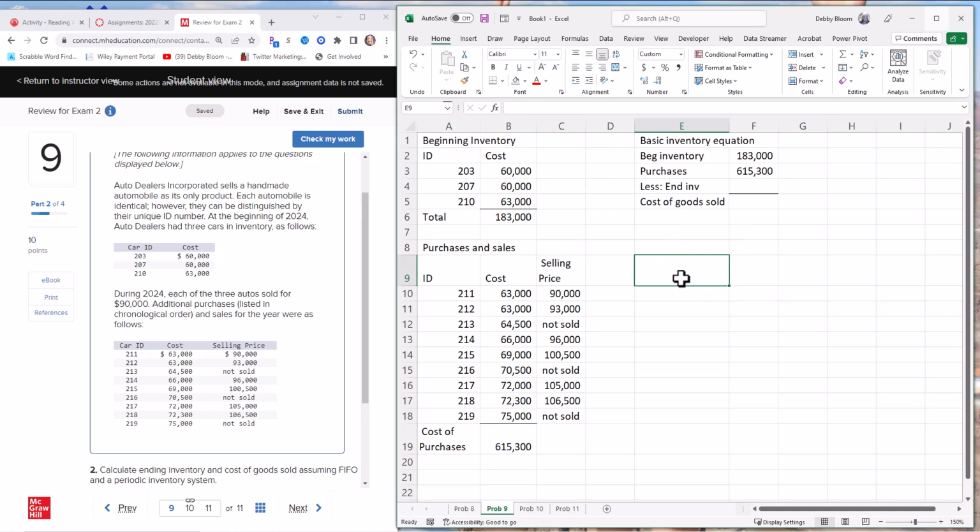So first, if we remember, periodic means that we give a cost to the units in the ending inventory. In this case, we were told that 3 weren't sold. It doesn't matter for periodic which 3, but we know that we have 3 units in our ending inventory, the 3 that are not sold.